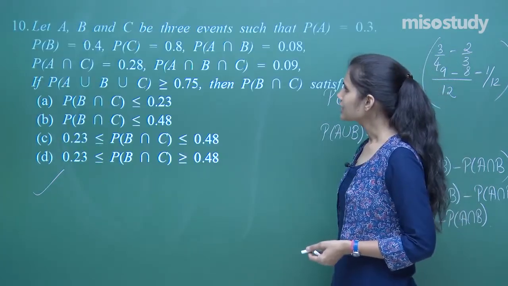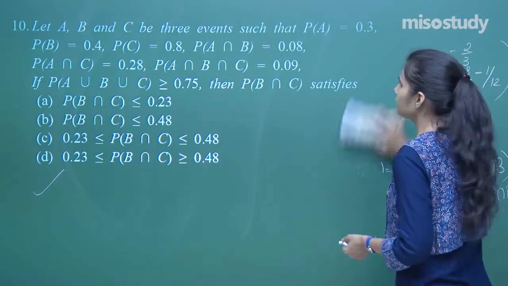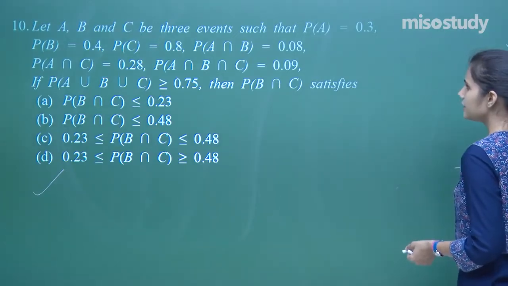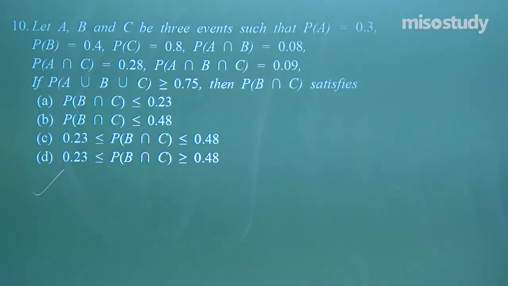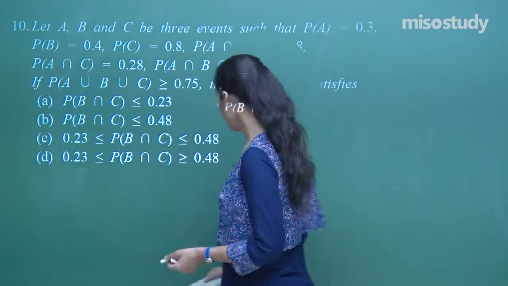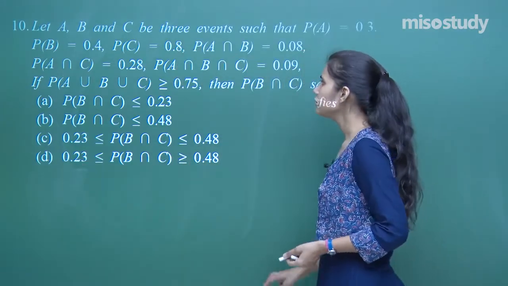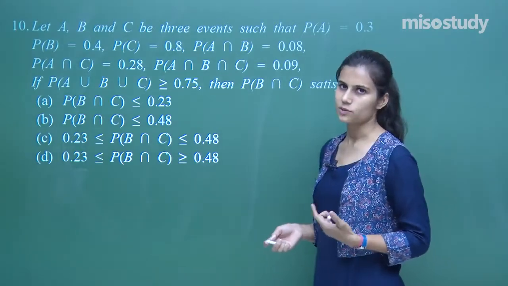Now, next question says that A, B, C are 3 events such that probability of A is given, B is given, C is given, A intersection B, A intersection C, A intersection B intersection C, that is also given. And it is being given that probability of the union of all the 3 is greater than equal to 0.75, then probability of B intersection C satisfies what?